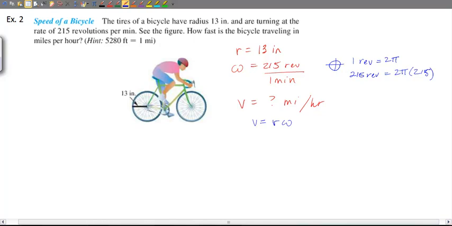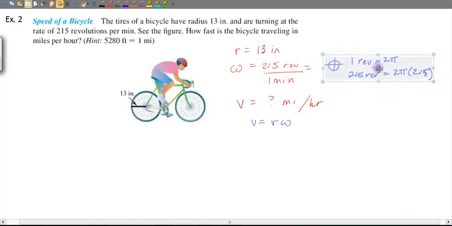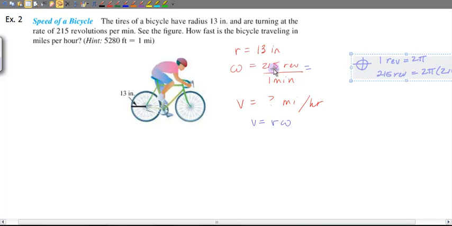So let's sneak that number in here. I know that 215 times 2 pi is actually going to give me, when I do it on the calculator, 430 pi radians per minute.